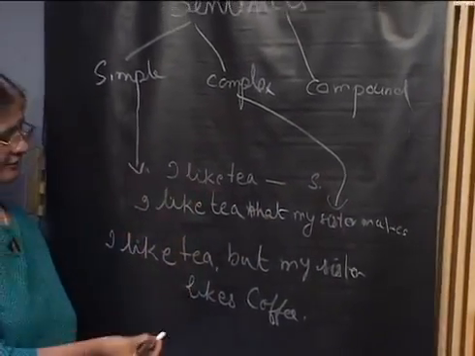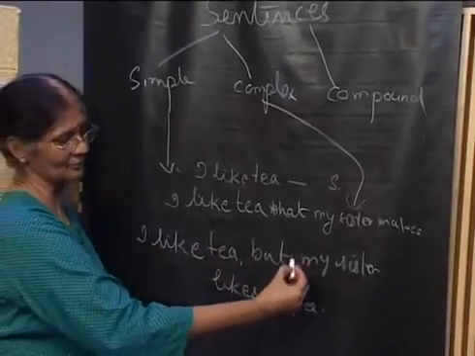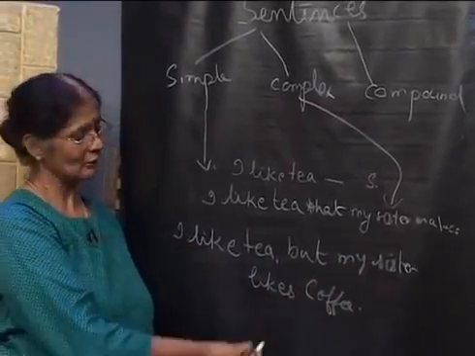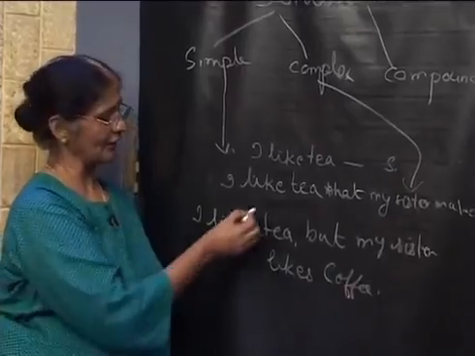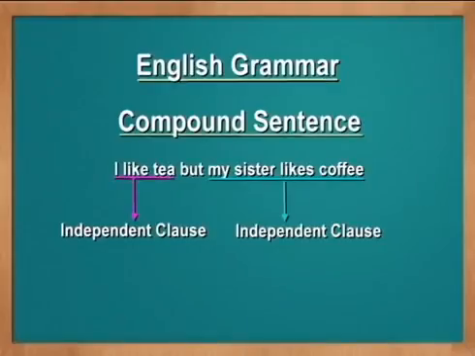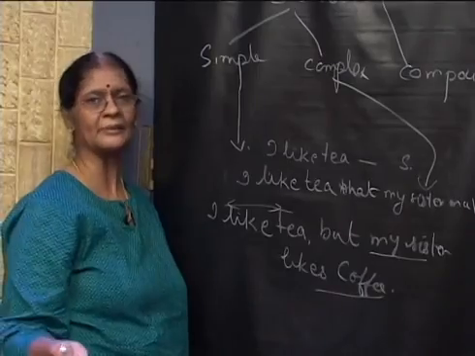And compound sentences: I like tea, but my sister likes coffee. Now look at this sentence very carefully. "I like tea" is a full sentence. It can stand independently on its own. It conveys a meaning on its own. But here, "my sister likes coffee" also can stand on its own and conveys an independent meaning.